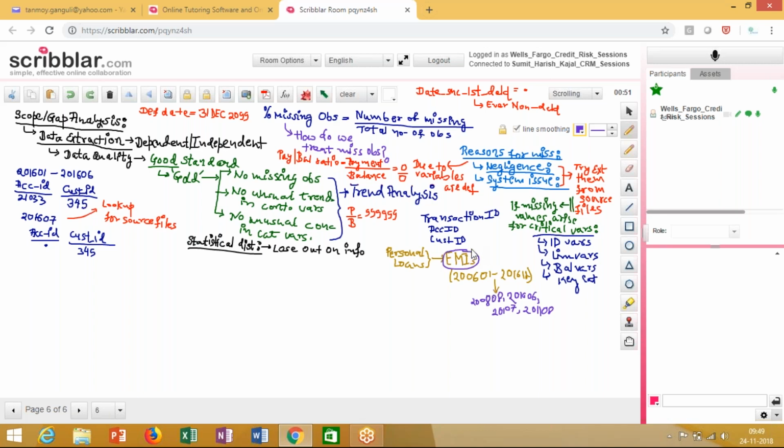To compute the EMI value, you need the amount variable, you need the duration, you need the interest rate, and you need the number of compounding periods, the interval within which the compounding is actually done. So the next thing that we do is we construct the EMI variable.